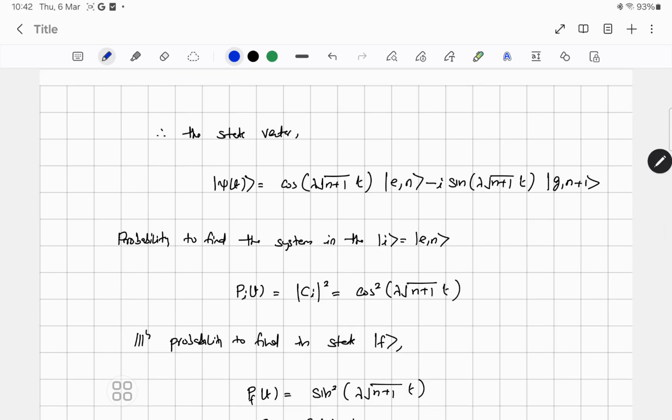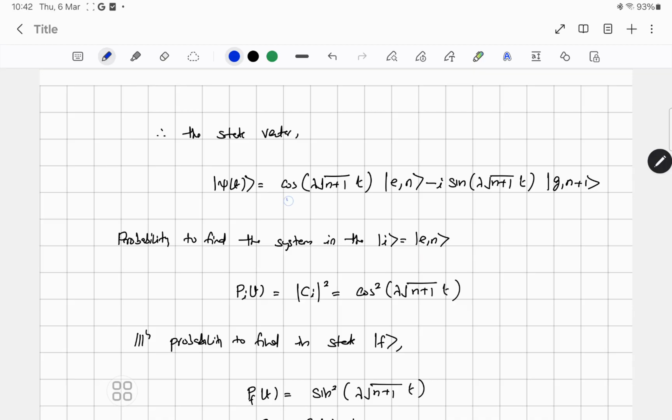Next, from this coefficient we can calculate the probability to find the system in the initial state En, and the final state Gn plus 1. The probability to find the system in the ket i, which is denoted by the symbol En, can be found by calculating the mod square of the coefficient of the corresponding state.